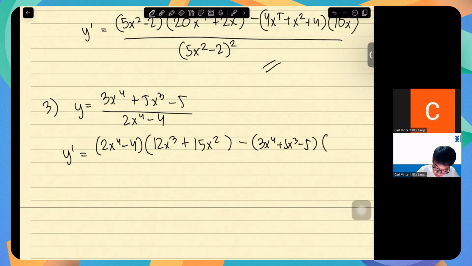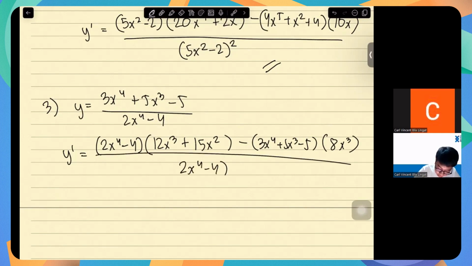So it's going to be 8x cubed over 2x raised to 4 minus 4.